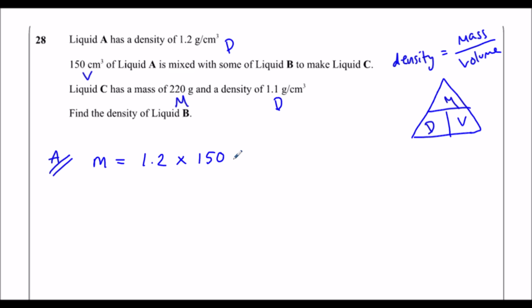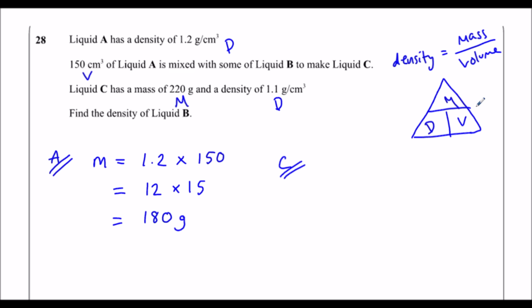So 1.2 times 150. I can get rid of the decimal. So if I divide this one by 10 and times this one by 10, it's 12 times 15. And 10 15s are 150. 2 15s are 30. So this must be 180. 180 grams.